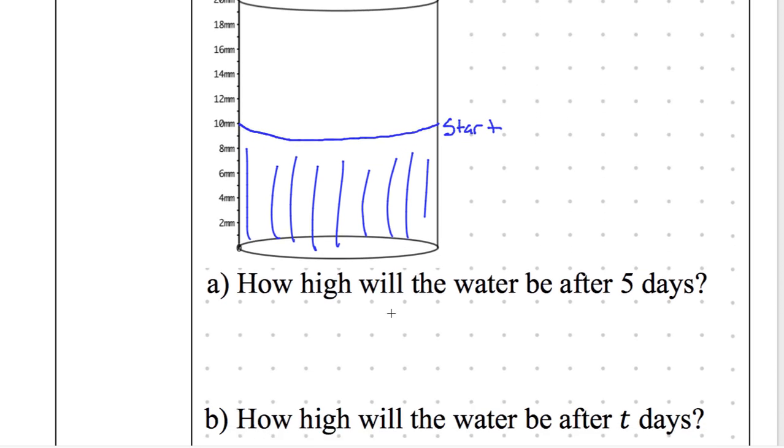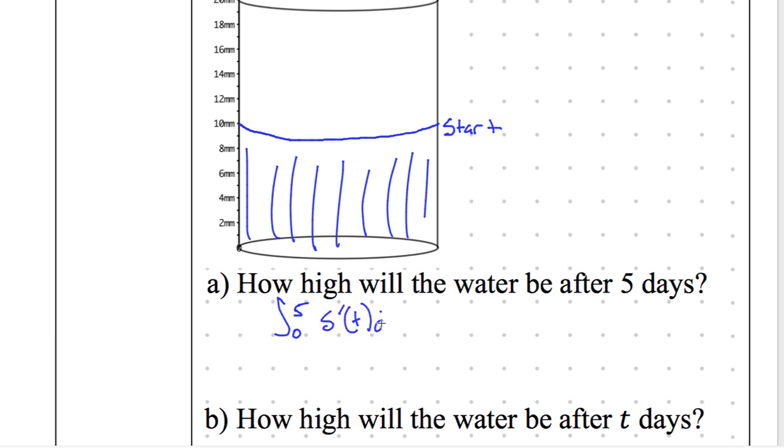Let's go ahead to our two questions. How high will the water be after 5 days? This is our old question that we should know the answer to. Should it be the integral from 0 to 5, you're correct, of S prime of t?